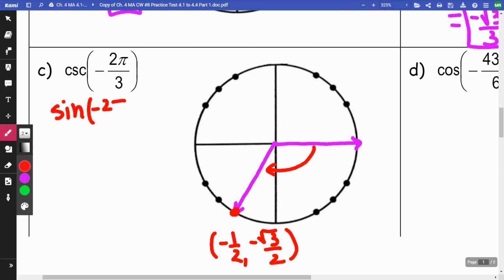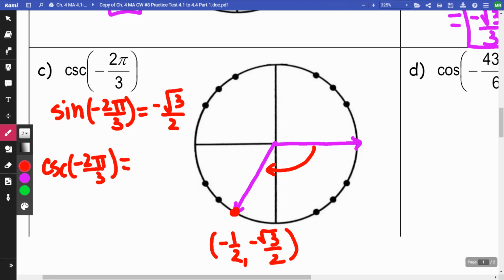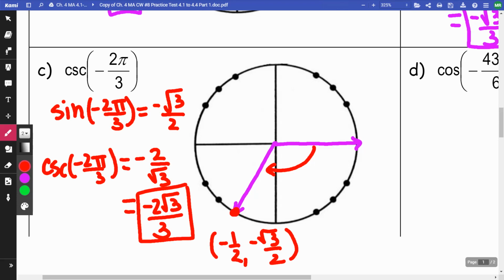So I basically want the sine of a negative 2 pi thirds first. That's going to be my y, so that's going to be a negative root 3 halves. So my cosecant is going to be the reciprocal, which is going to be a negative 2 over root 3. I'm going to rationalize, multiply top and bottom by root 3, and I get a negative 2 root 3 over 3.